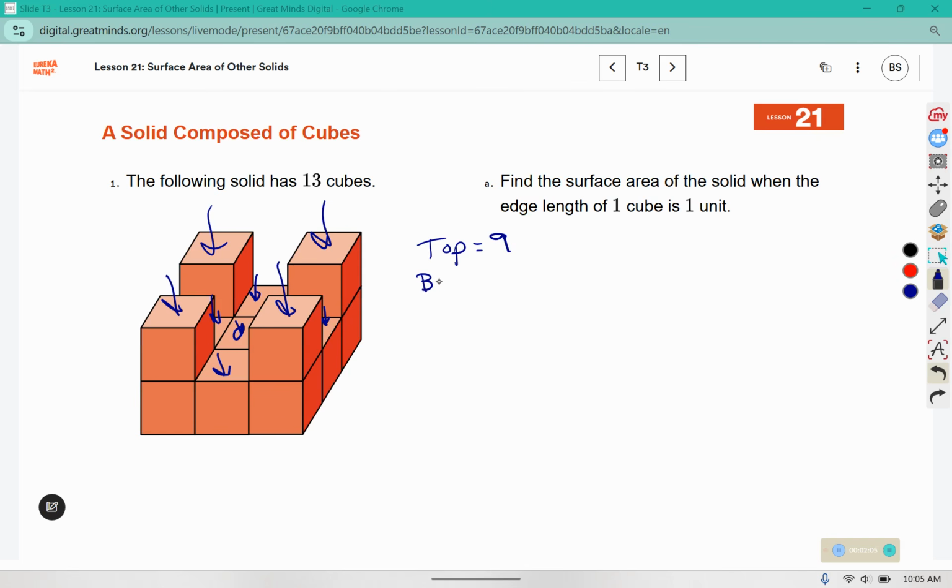If we were to look at it from the bottom, it's a 3 by 3, so there's also 9 on the bottom. From the left perspective, looking at the left side, we have 1, 2, 3, 4, 5.